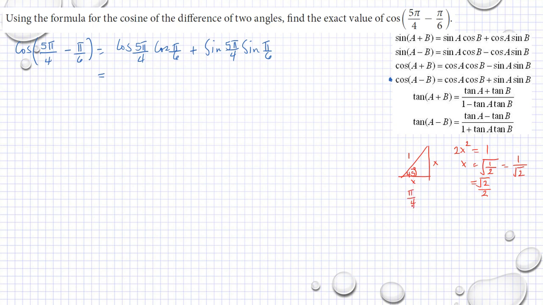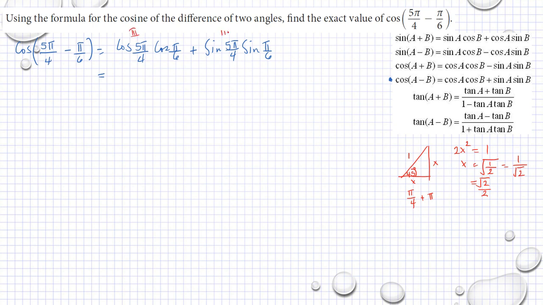5 pi over 4 is pi plus pi over 4, and that is not in the second quadrant, that is in the third quadrant, sorry. This is now in the third quadrant.